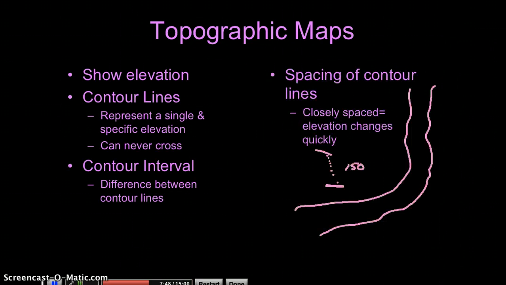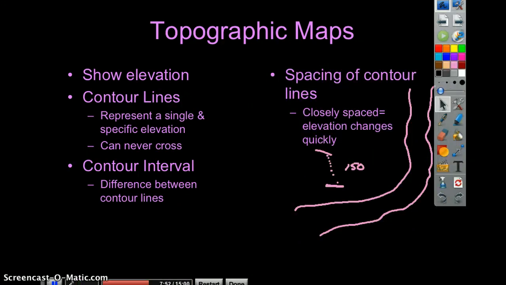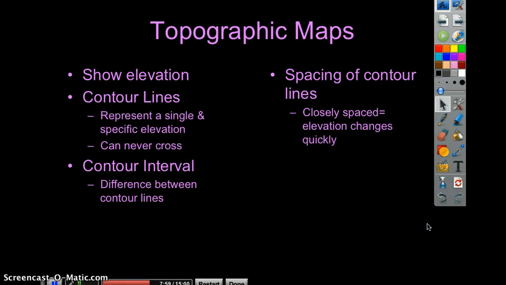The spacing of contour lines tells you what's going on in the land. So if they are closely spaced, that means that there's a very quick change in elevation.